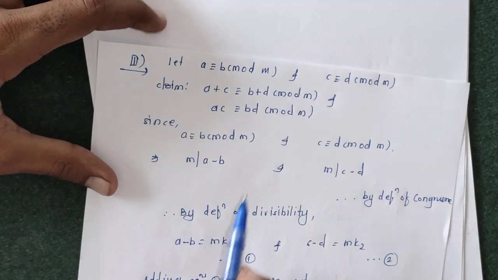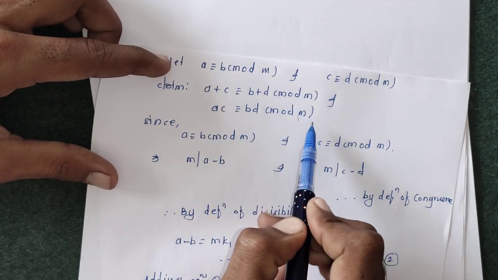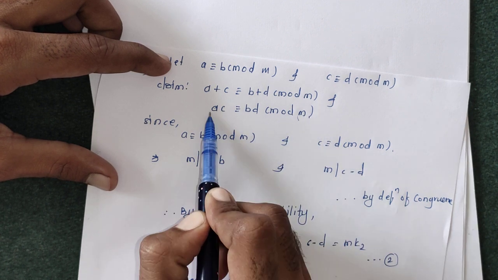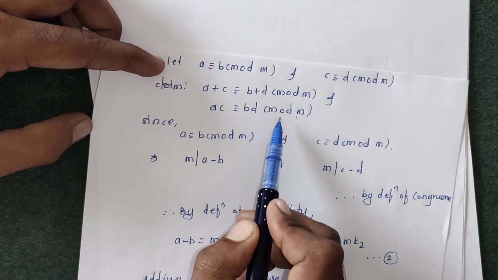So we must prove that m divides AC minus BD. From that, m divides AC minus BD, we can say that AC is congruent to BD mod m.